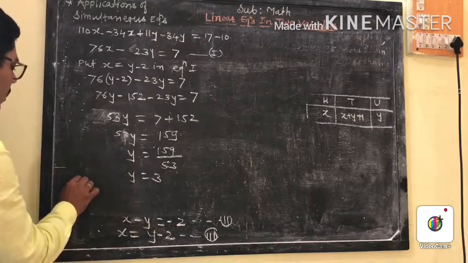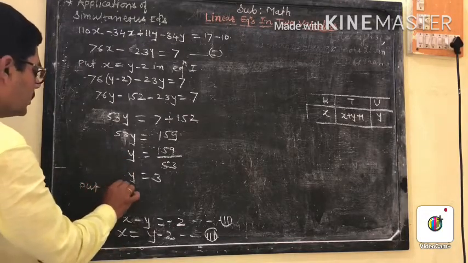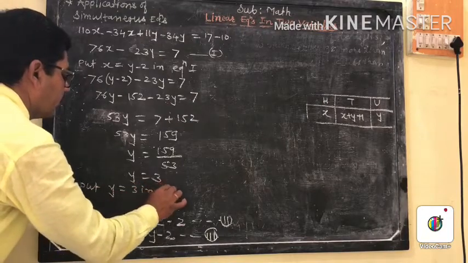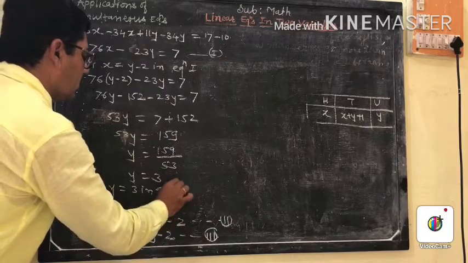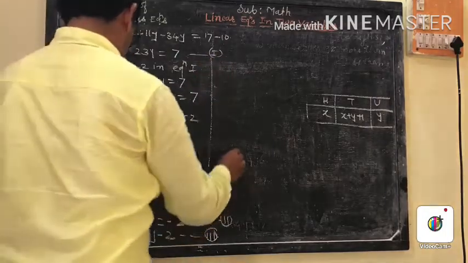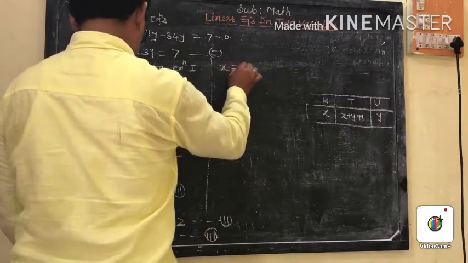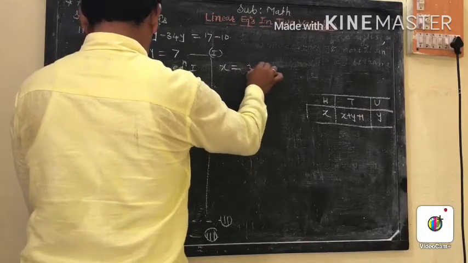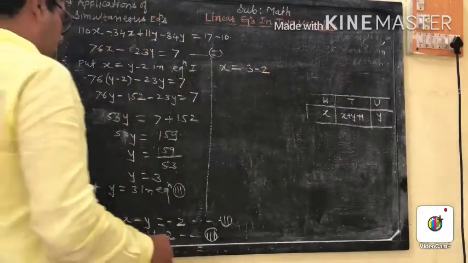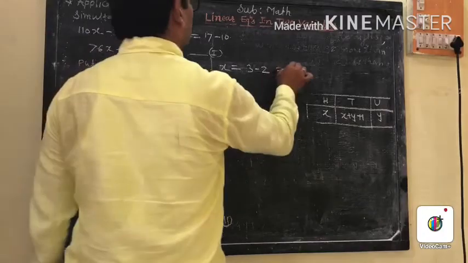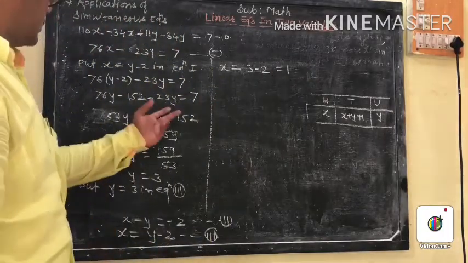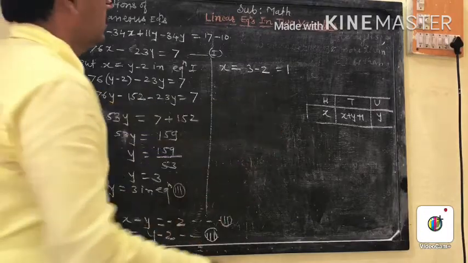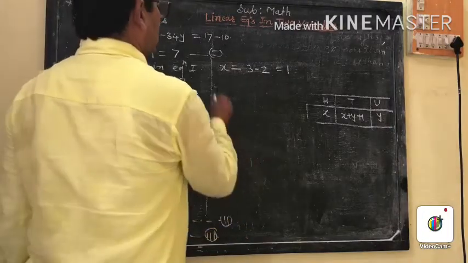Put y is equal to 3 in equation 3, you get x is equal to 3 minus 2, which is equal to 1. Therefore, you got the digits x and y, and find out the middle digit, the 10 place.